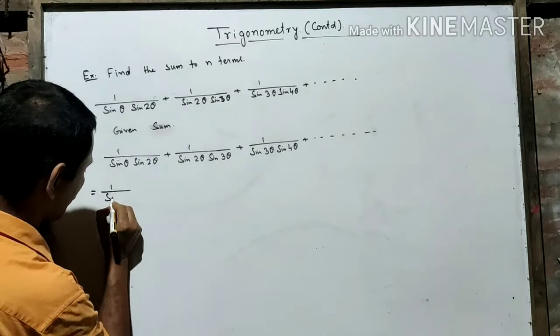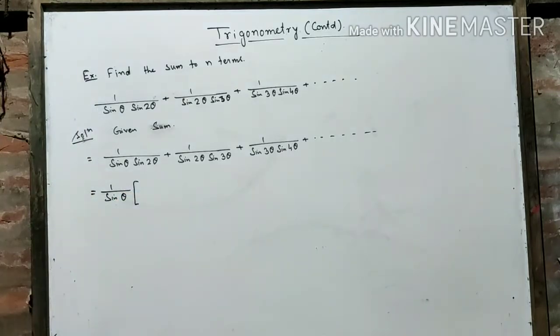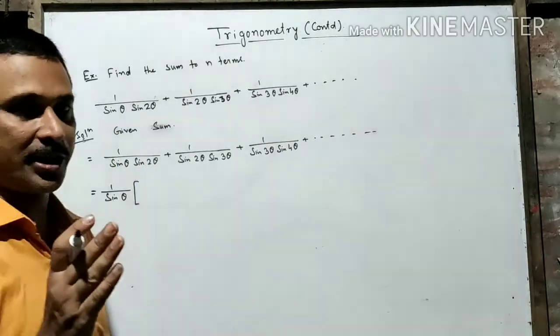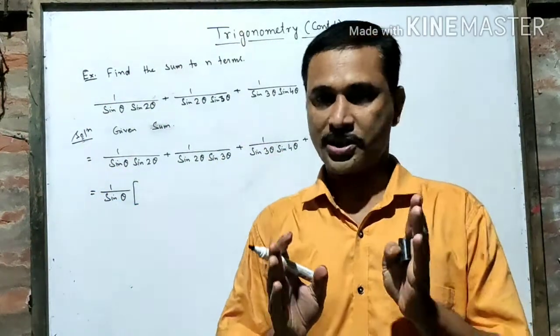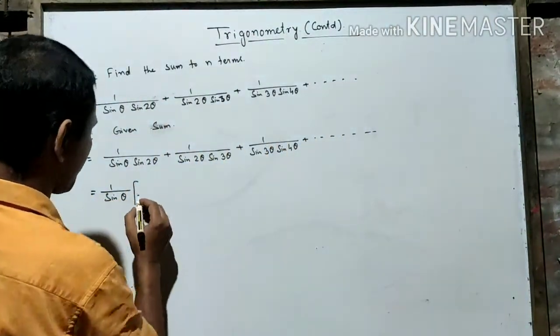So what we do, we will multiply the numerator of each term with sin theta and balance it outside. Why? You will just watch.